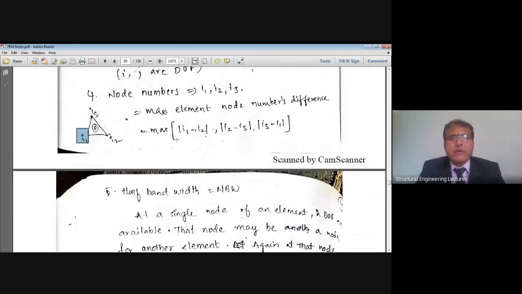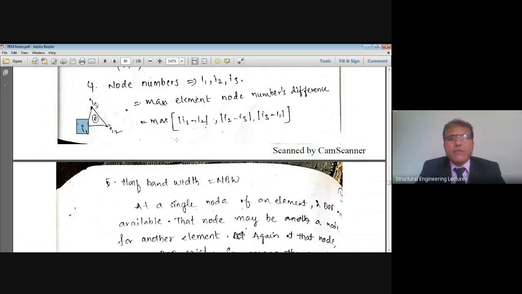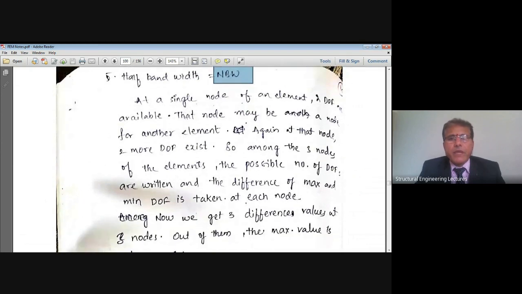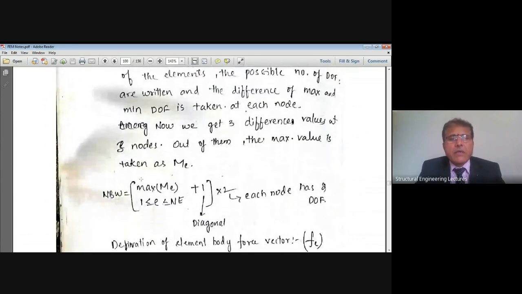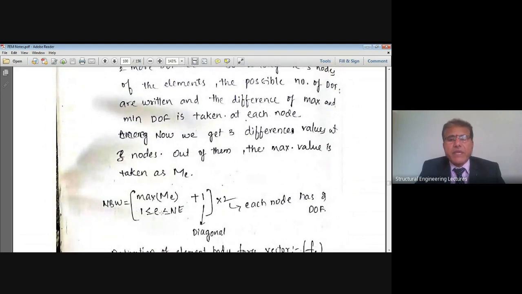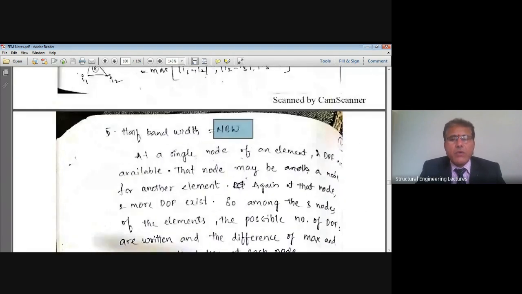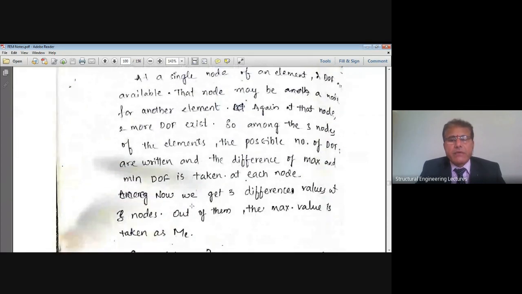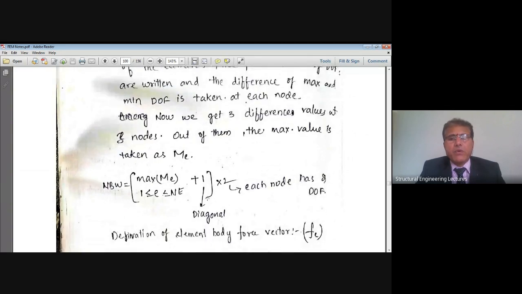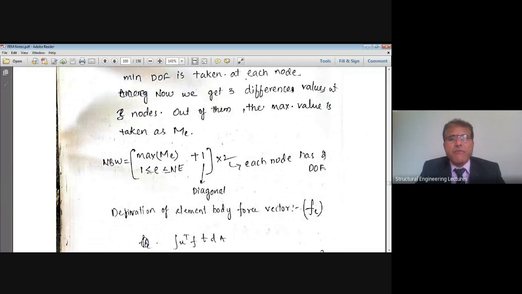Then we'll write the half bandwidth, notated by NBW, as the maximum of these node number differences over each element from 1 to the last element, plus 1, is the half bandwidth.